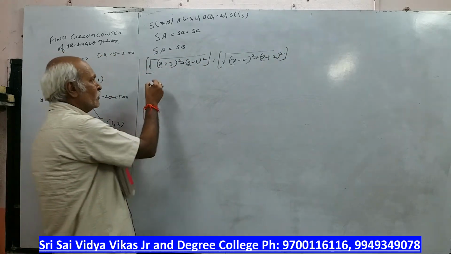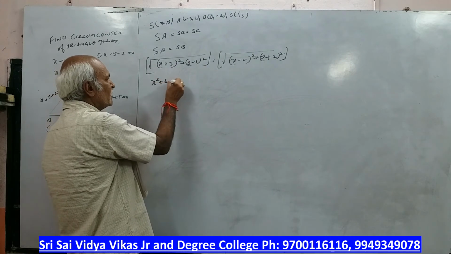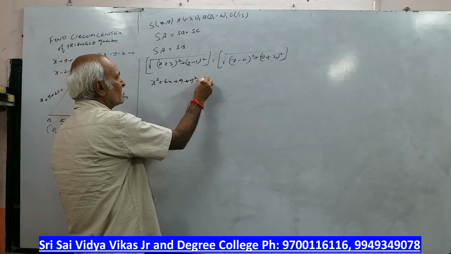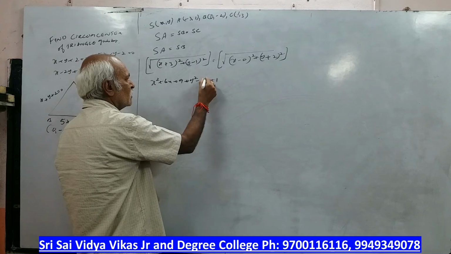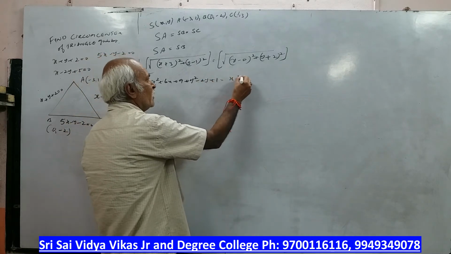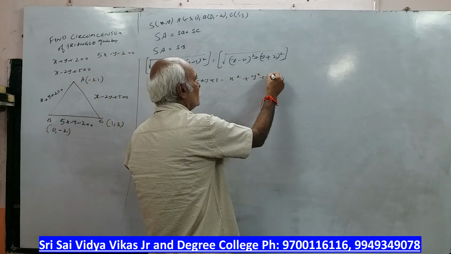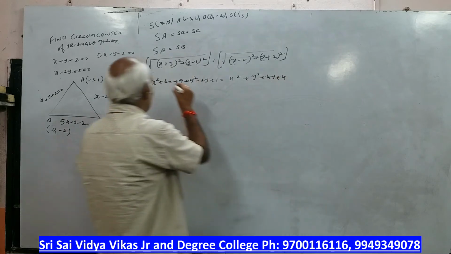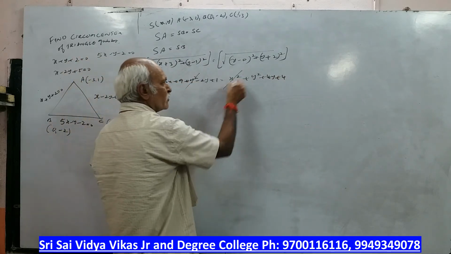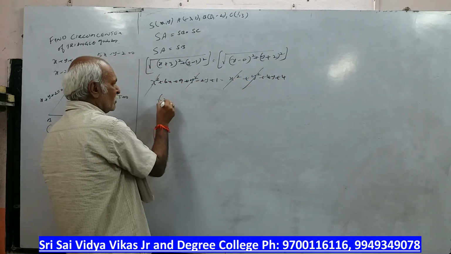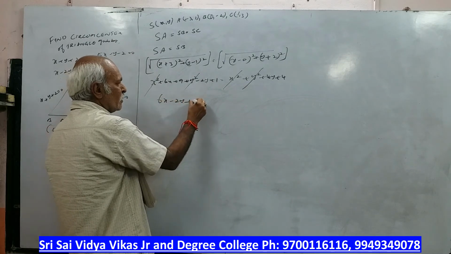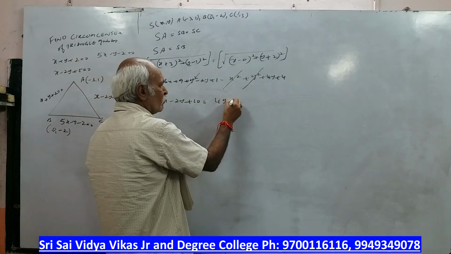Then remove the square root. X square plus 6x plus 9 y square minus 2y plus 1 is equal to x square plus y square plus 4y plus 4. Again x square y square, x square y square.